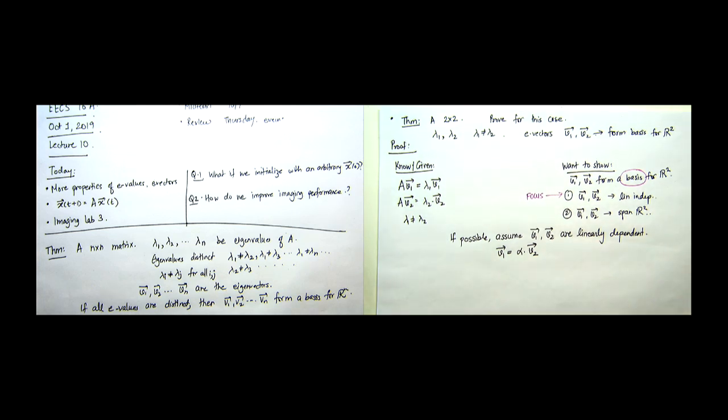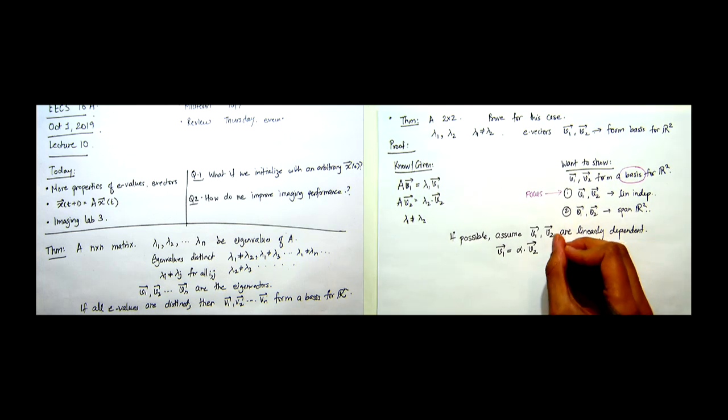We basically want this to be an actual multiple. We want alpha to not be 0. We want to say it's a multiple, not just 0. We don't want to consider 0 vectors here. Okay, so we have this.